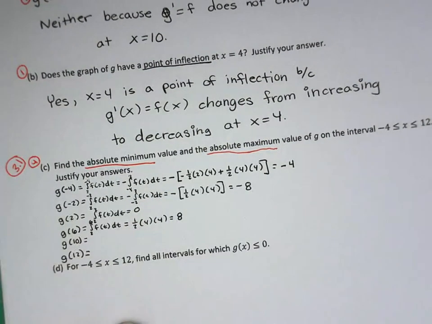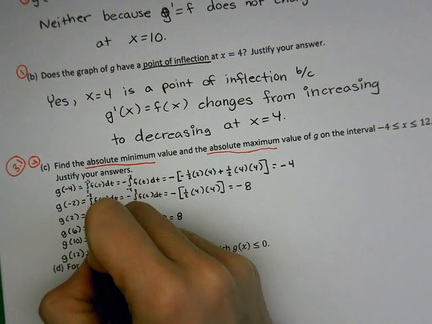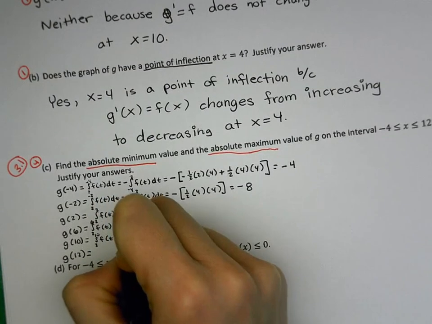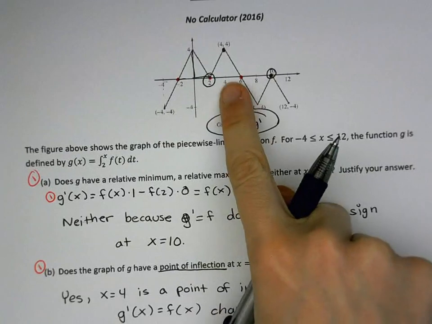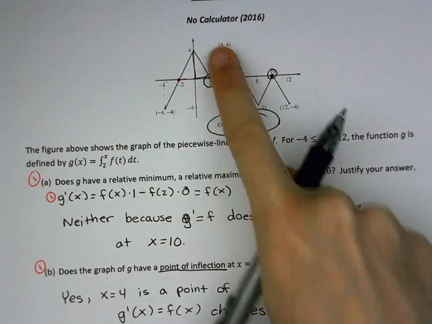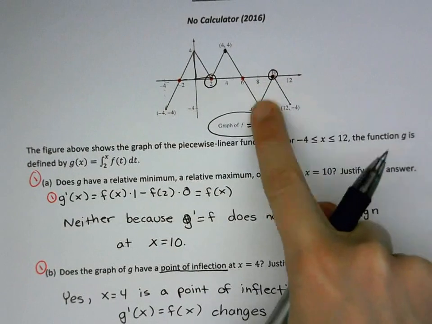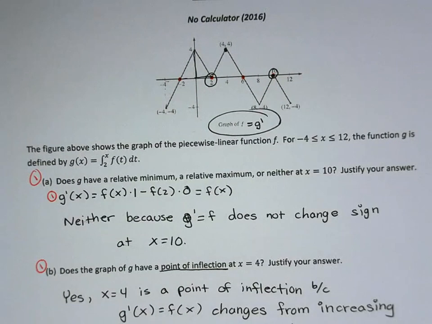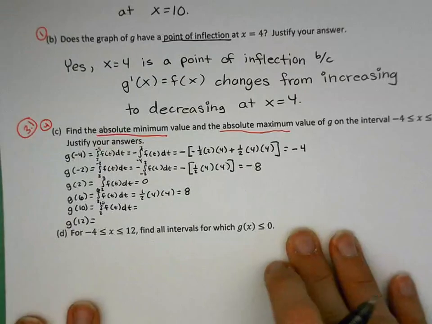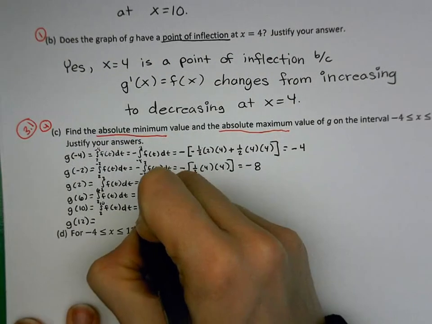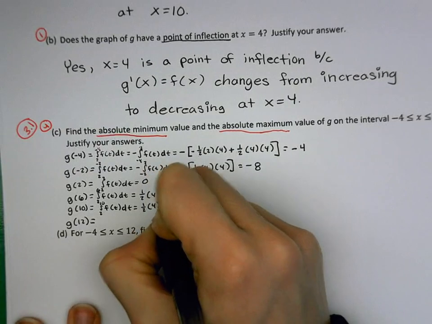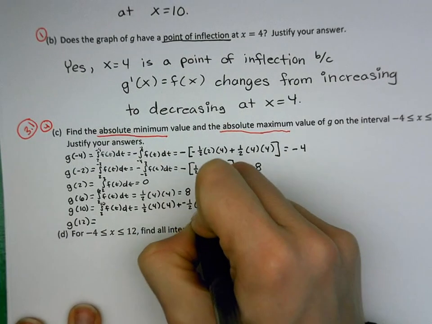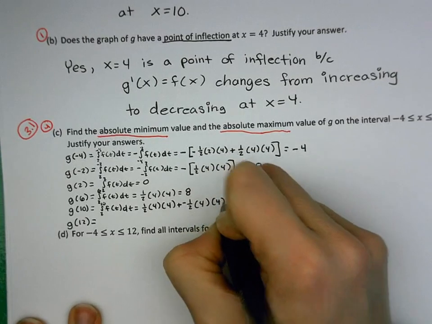G of 10, the integral from 2 to 10 of f of t dt, which is the big triangle above, 1/2 base times height, 4 times 4, and another matching triangle below, base of 4, height of 4, below the x-axis, so that'll be negative. So we have the above and the below, and because those are equal areas, 8 plus negative 8, that's going to be 0.